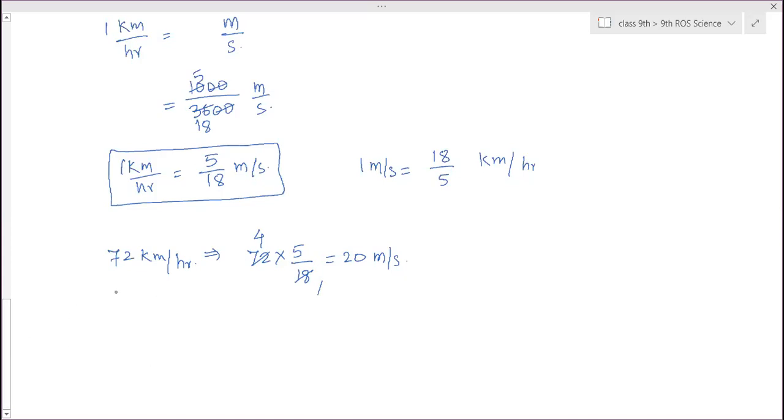Now do the conversions. Convert 18 kilometer per hour.